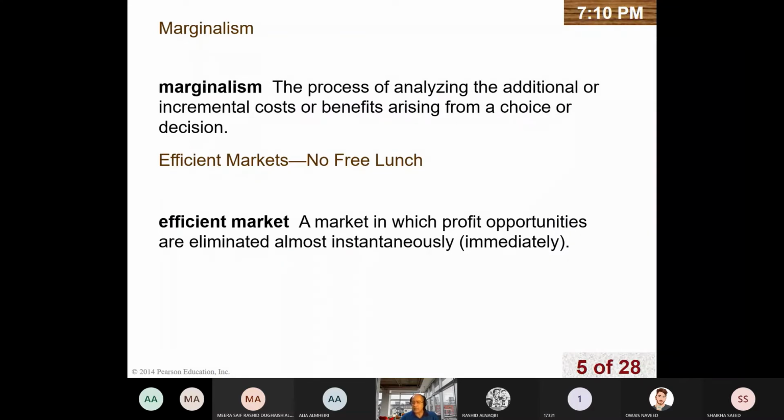So, for example, Uwais, who produces tomatoes, is earning good profit, good money. I will call the tomatoes market efficient if it is easy for other investors to enter the market and produce tomatoes.